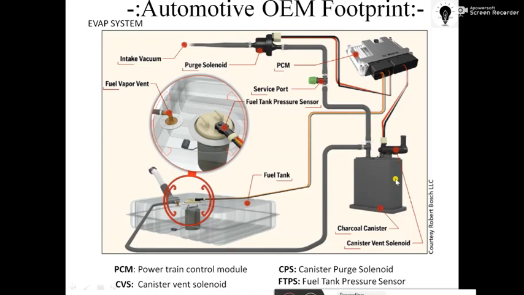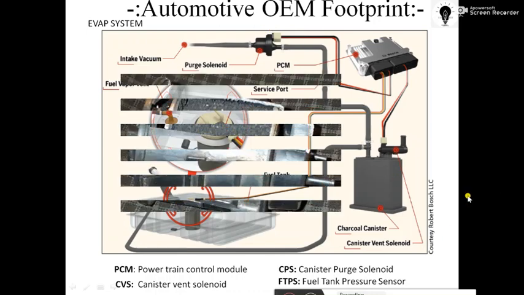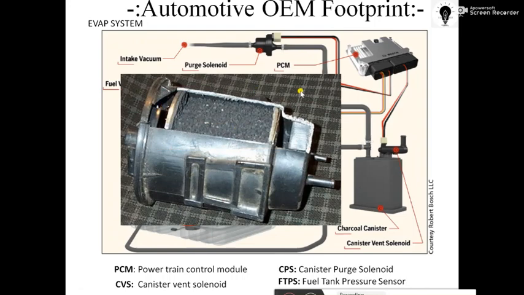Now we will see how exactly our charcoal canister looks. This is our cut section of the charcoal canister. Inside this box, the active carbon bed, the charcoal bed, is there, which absorbs the unburned hydrocarbon.